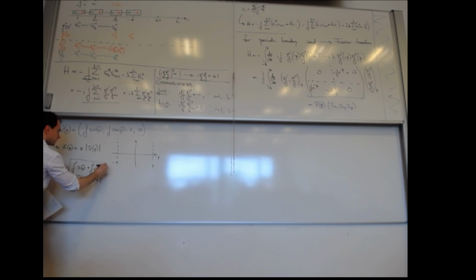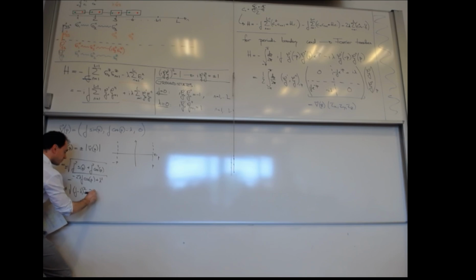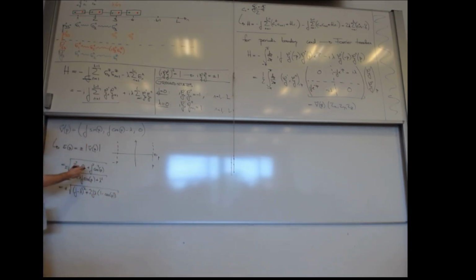This continues. So then I can combine these two here, and it's easy to write it as j minus lambda squared plus 2j lambda times 1 minus cosine of p. This is just combining these two.